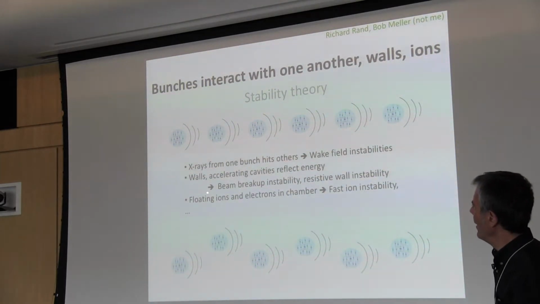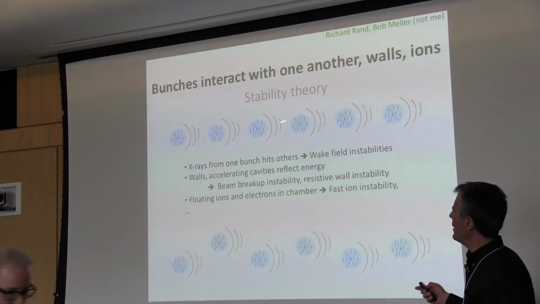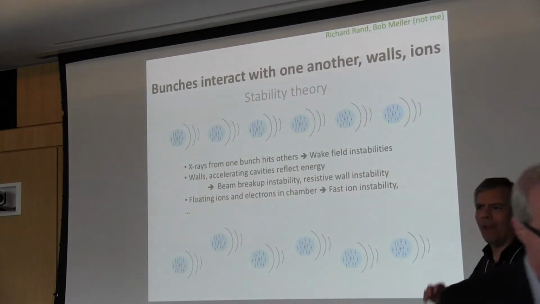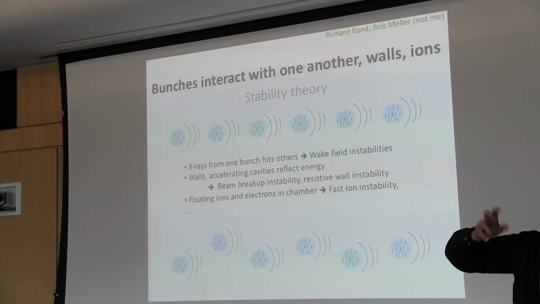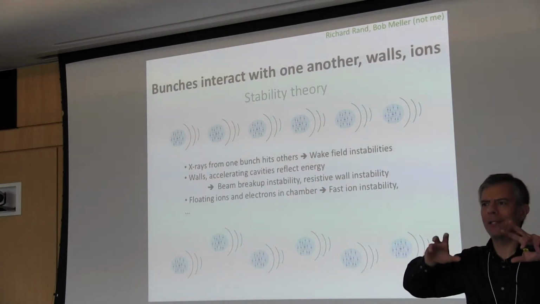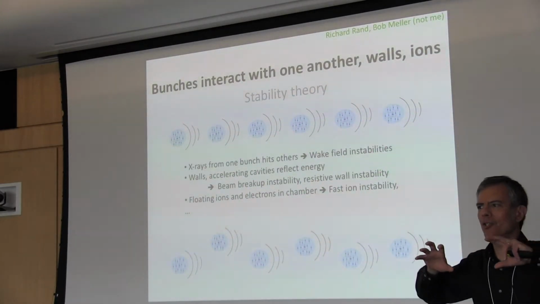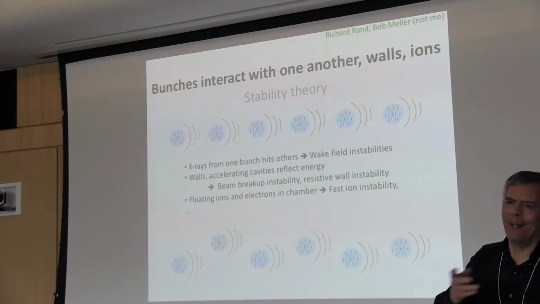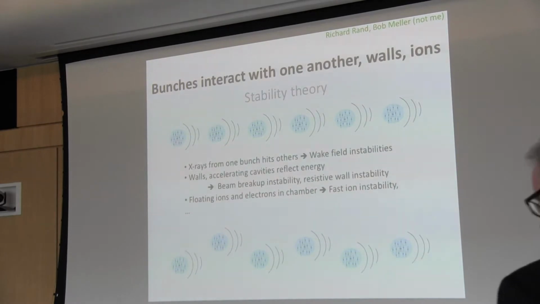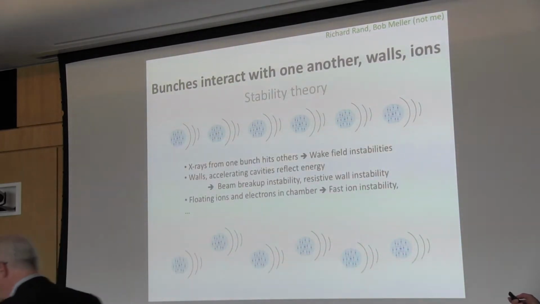And then finally, you can have these bunches fly through the chamber, hit electrons and ions, residual gases in the chamber, and get them excited and moving around, and then the next time the packet comes down, it messes them up again.